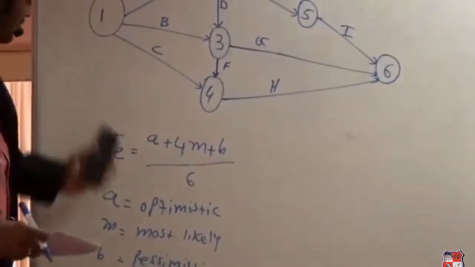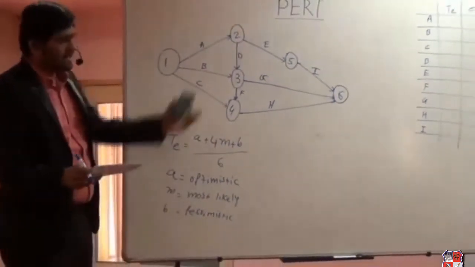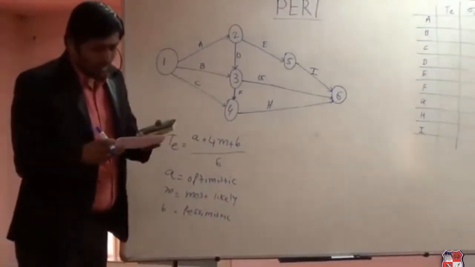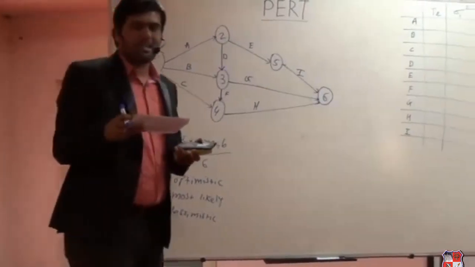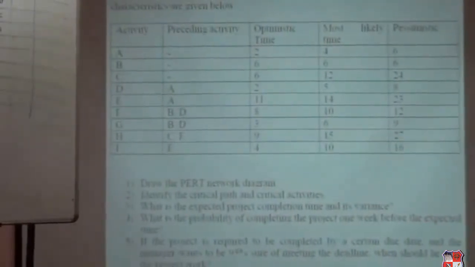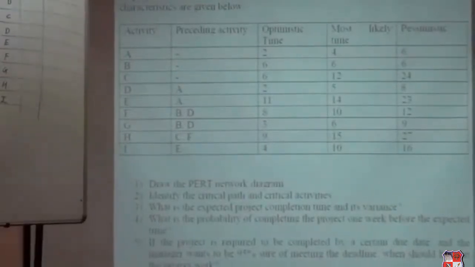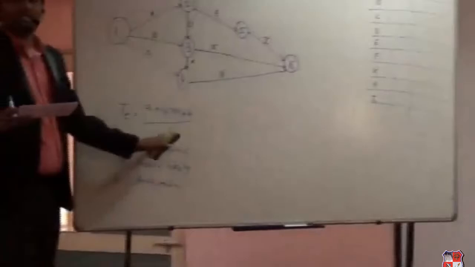If you put the values of each activity in the formula, let us start with the first, A. For A, the optimistic time is 2, most likely time is 4, so 2 plus 4 into 4, 16, so 2 plus 16 is 18, plus 6 is 24. 24 divided by 6 is 4.